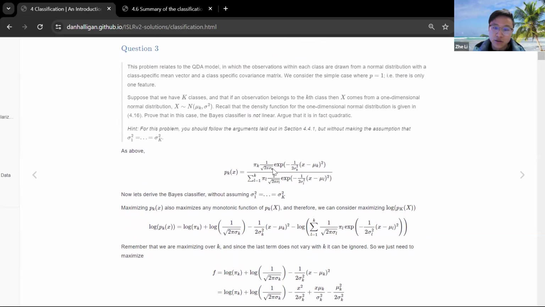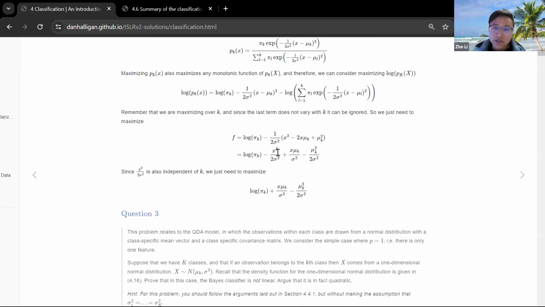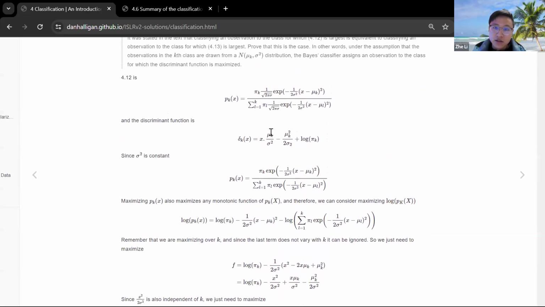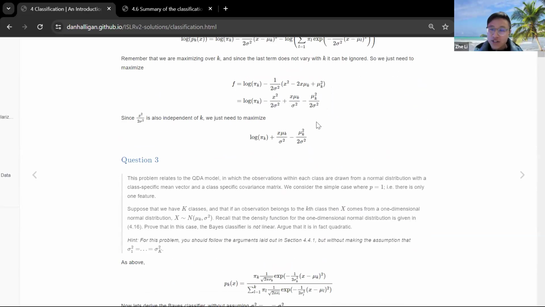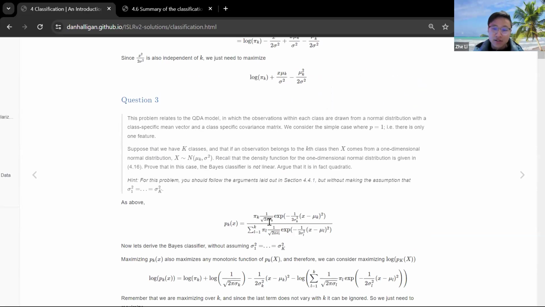we have to pay attention to the variance, because the linear discriminant model assumes that the underlying variance across each class is all the same. They are all equal: homoscedasticity across each class. But in the quadratic situation, the variance is not equal.